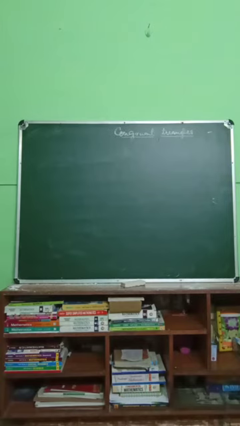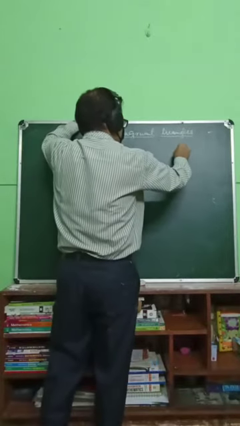ABCD is a quadrilateral in which AD is equal to BC.